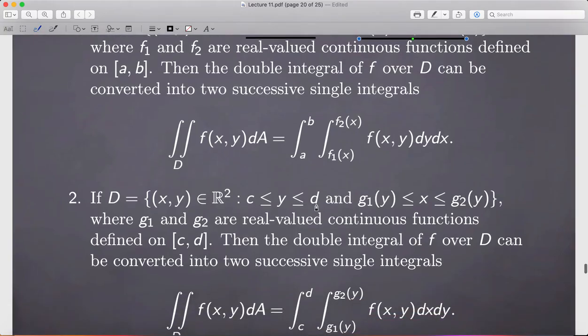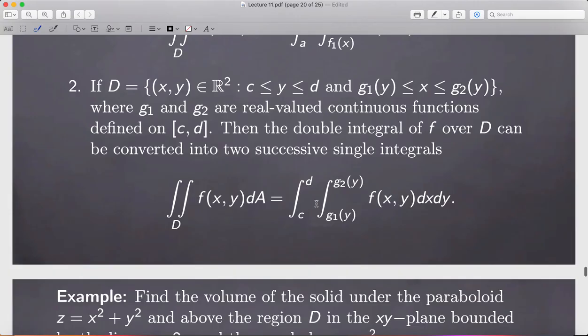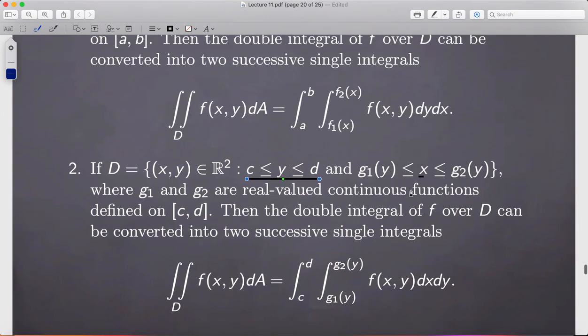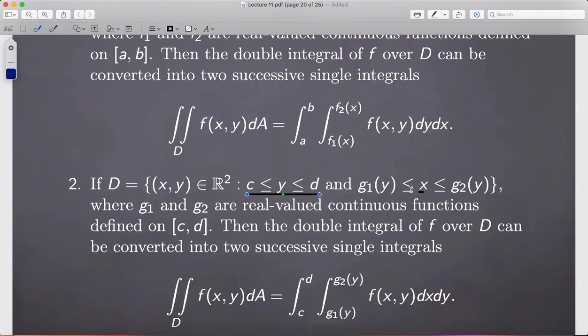The same thing can be done if the situation is reversed, in the sense that x is varying between two continuous functions of y, and y is varying over an interval. So now you have to perform the integral with respect to x first, and then with respect to y. Both these kinds of domains are much more general, because for the rectangle you just take these functions to be constant.